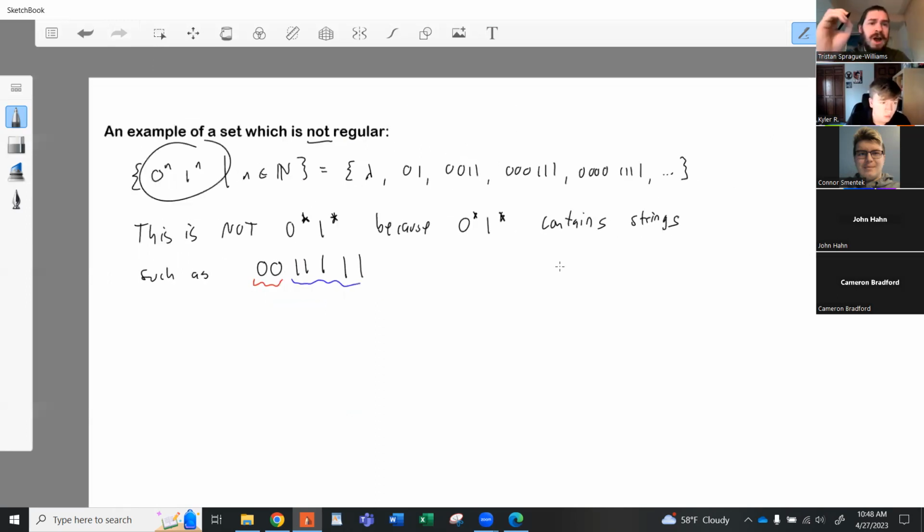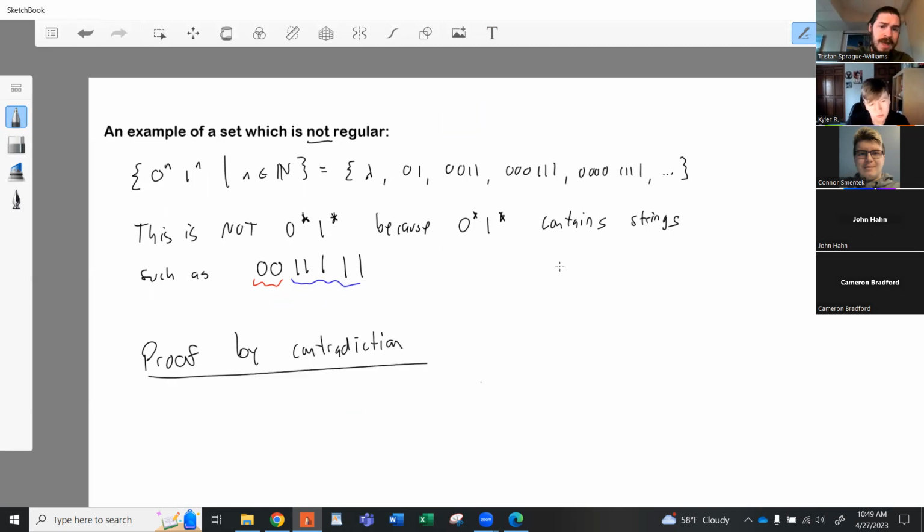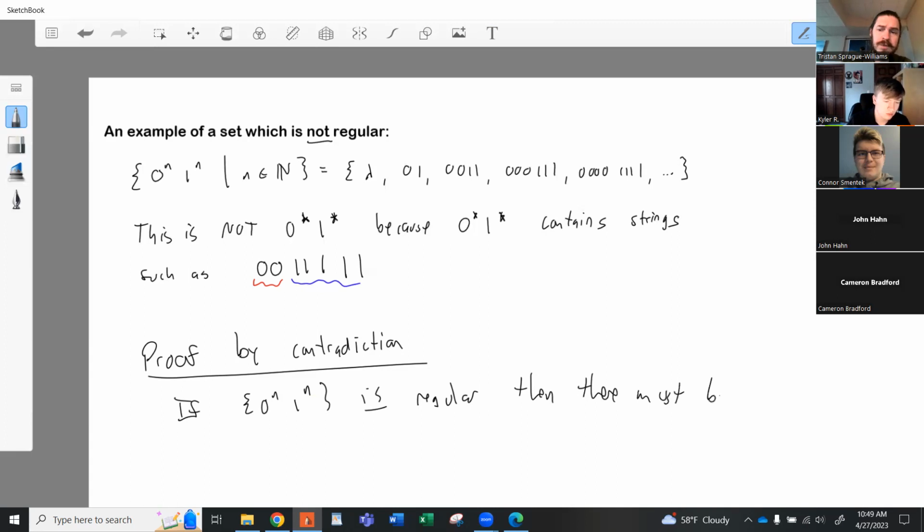This is not regular. Quick explanation of why. Basically, you can prove this by contradiction. You can say, if this 0^n 1^n is regular, then there must be a finite state automaton that recognizes that set.